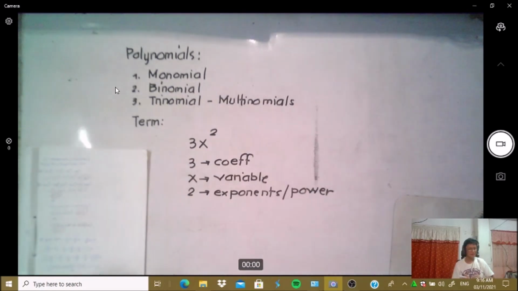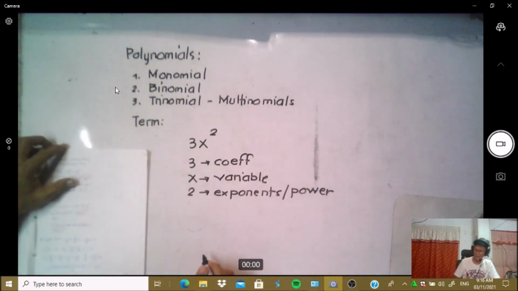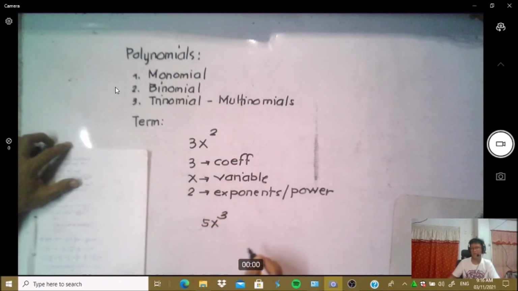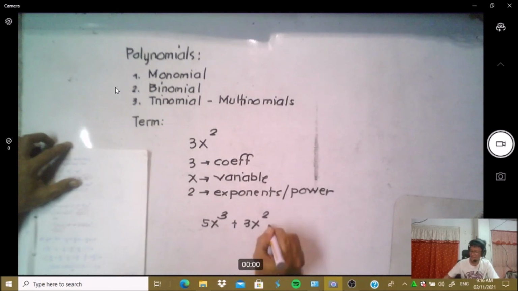Now, for example, we take again 5x cubed. Then this is also another term. If we add 3x squared, another term. Then if we add 3x, okay?